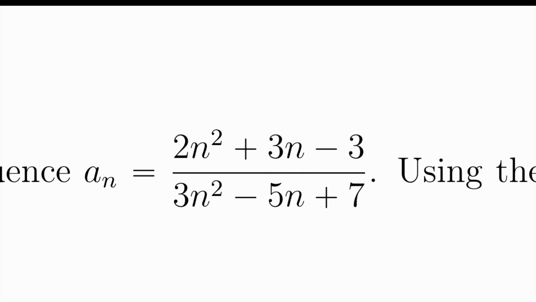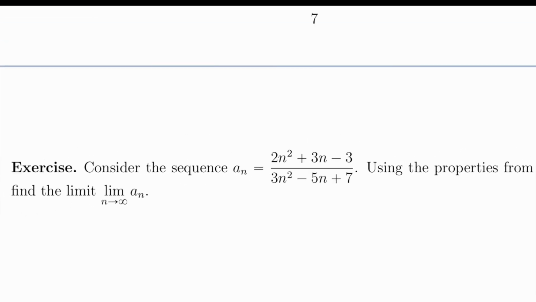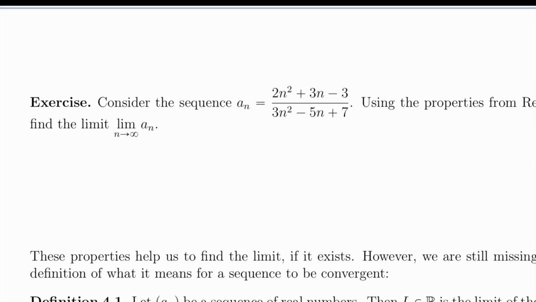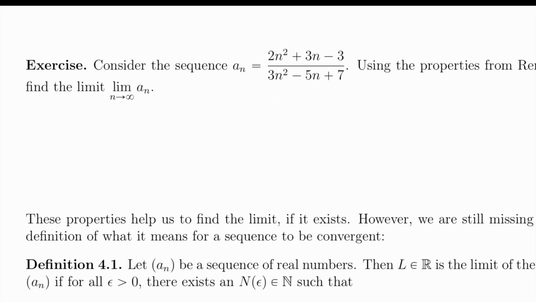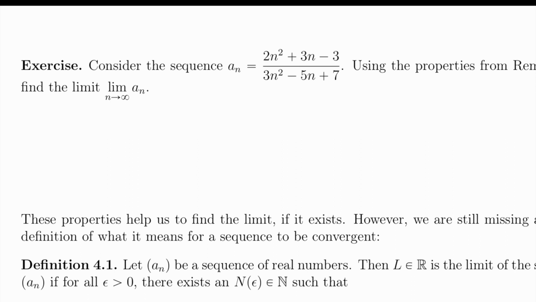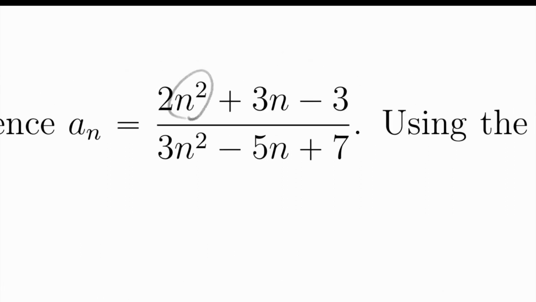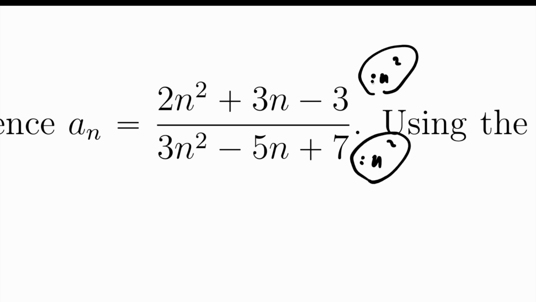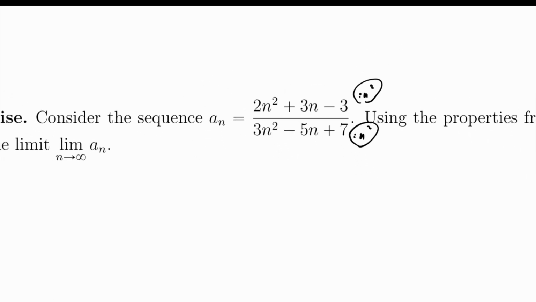So as it stands at the moment, neither of those two are convergent, but we can use a little trick to make them convergent. Here what we do, we look at the largest exponent of n, and we say, okay, I'm going to simplify this fraction with n squared here and here. And then my an looks a little bit different.